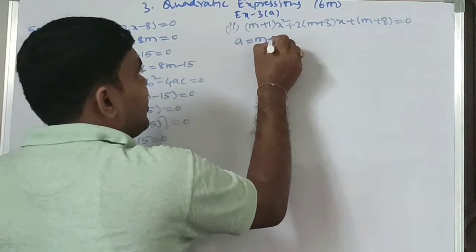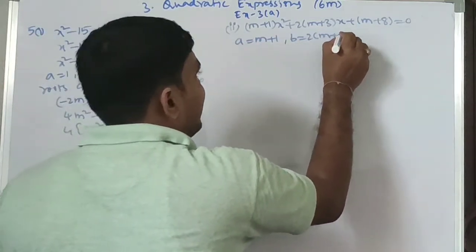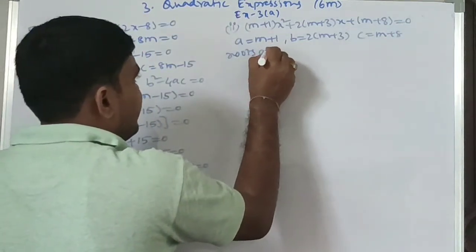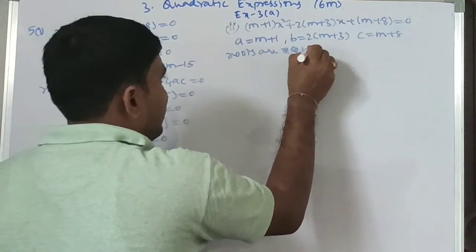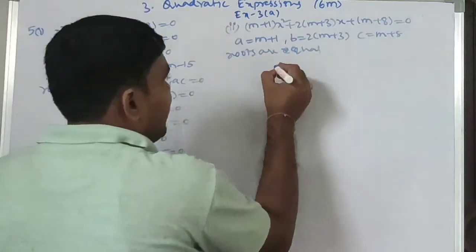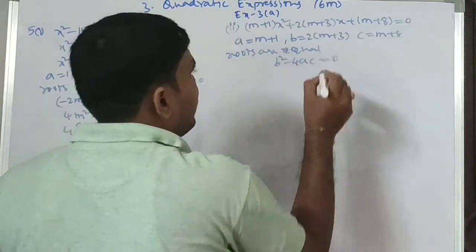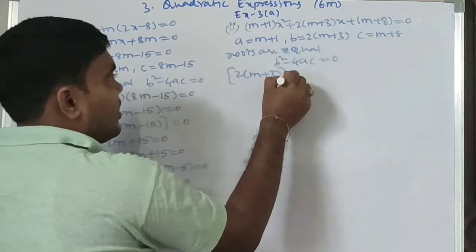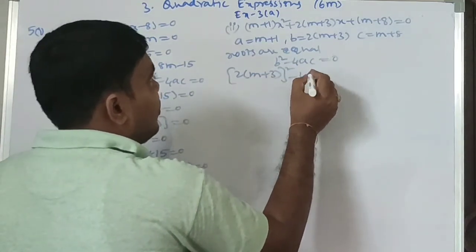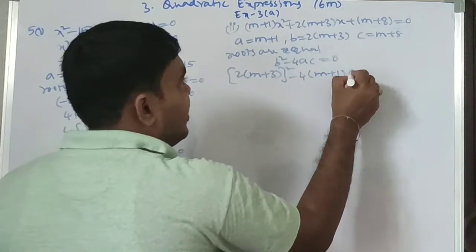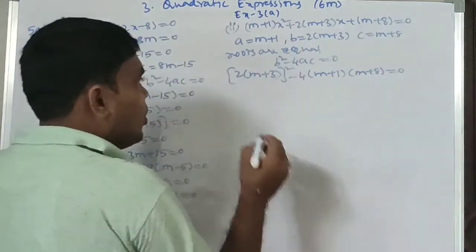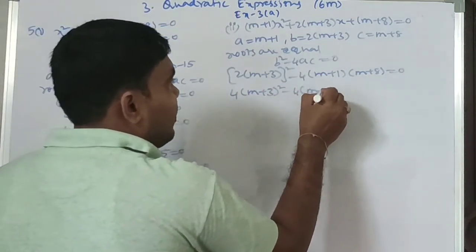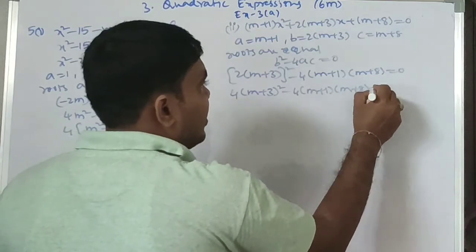A equal to m plus 1, b equal to 2 of m plus 3, c equal to m plus 8. Roots are equal. When roots are equal, b square minus 4ac equal to 0. So b, what is b? 2 of (m plus 3) whole square minus 4 of a, (m plus 1), c, (m plus 8), equal to 0. 2 square 4, (m plus 3) whole square minus 4 of (m plus 1) of (m plus 8) equal to 0.